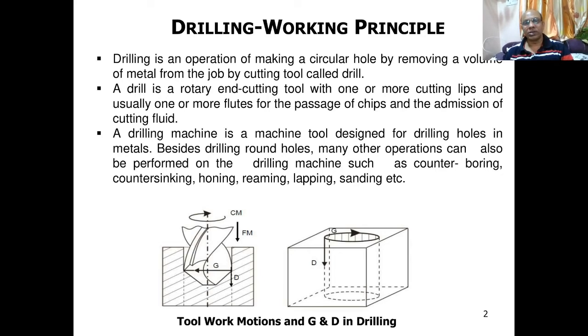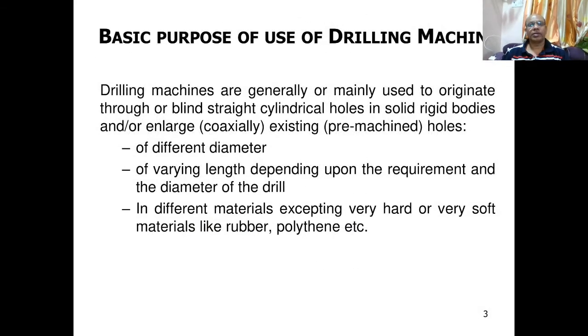The drilling machine is the tool designed for drilling holes in metal. Here we observe that there is a hole which has been made into the material. The basic purpose of the drilling machine is mainly making a hole.